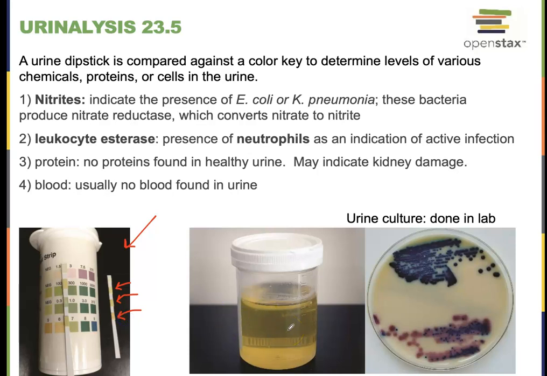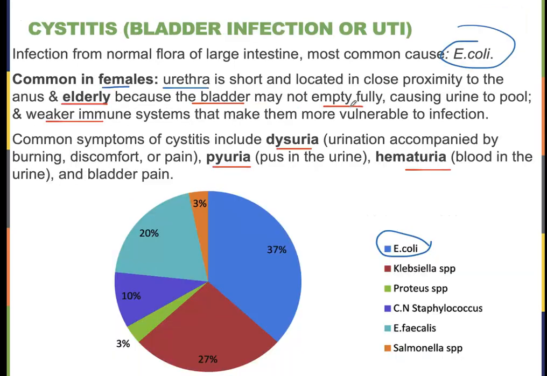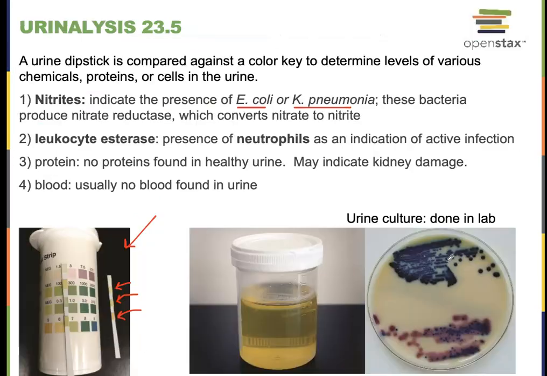And the two hallmark things that will indicate you have a UTI is nitrites and leukocyte esterase, which are both tests on here. The reason why nitrites is going to be used is because E. coli and Klebsiella pneumonia. Let's look at where Klebsiella pneumonia stands. It is second largest case of UTIs.